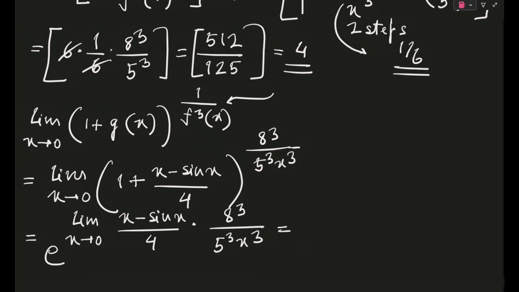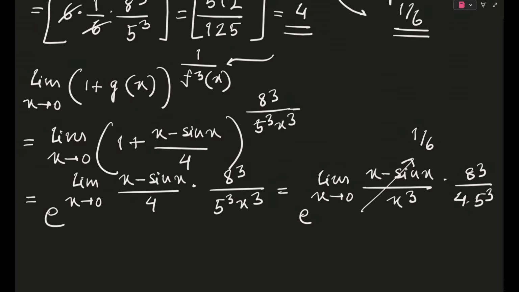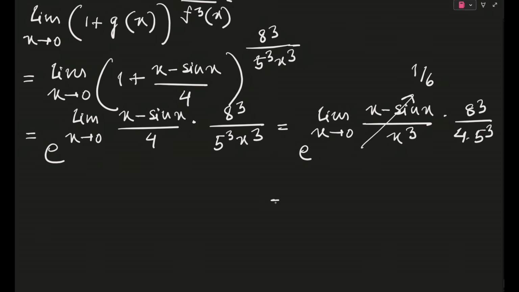If I rearrange this, this is actually e power limit x tending to 0, yeah, it's the same limit we evaluated just a while ago, into 8 cube by 4 into 5 cube. So actually this part is your 1 by 6, right? We evaluated this just a while ago. So this would actually become, if we do a little manipulation, e power 1 by 6 into 512 by 125 into 4, I guess.